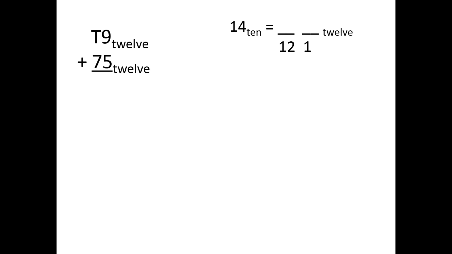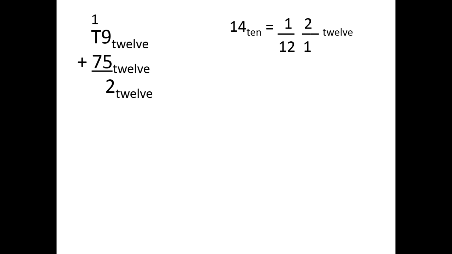Now if I regroup that 12 at a time, I can get one group of 12 and 2 ones out of that. So the 2 ones I'll write in my ones column, and that regrouped group of 12 I will put in the 12s column. So now in the next column I have 1 plus T plus 7.